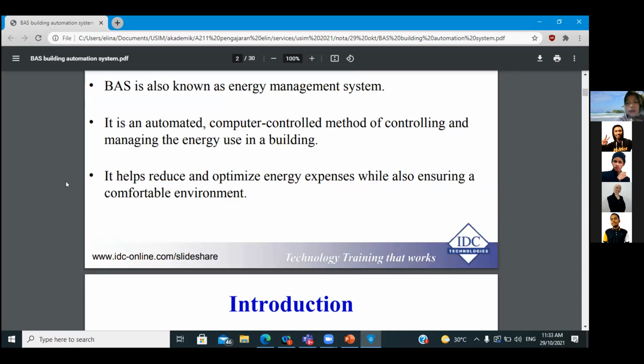Let's say at our university, sometimes they say that from today to tomorrow, you cannot use the aircon because of maintenance. But now they are about to rearrange the schedule. Maybe it starts from 10 o'clock to 4 o'clock to optimize energy expenses. Aircon is very expensive.